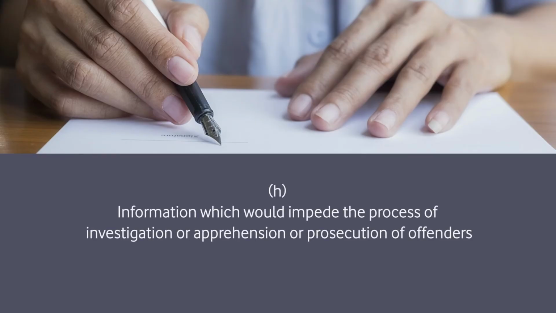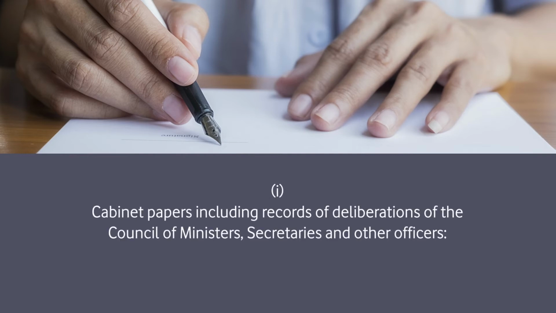Information which would impede the process of investigation or apprehension or prosecution of offenders will also not be disclosed. Cabinet papers including records of deliberations of the Council of Ministers, Secretaries and other officials are also exempted.